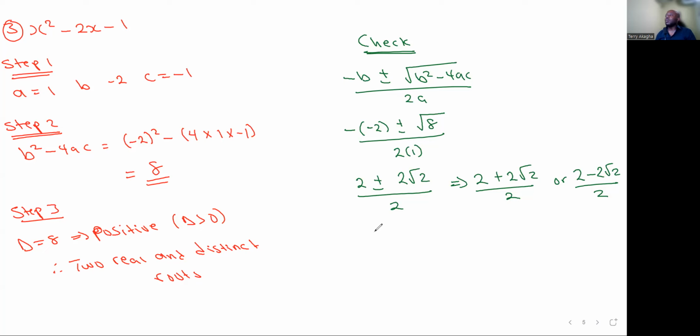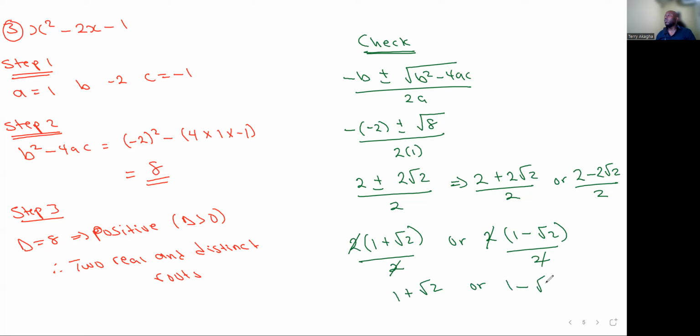So we can have 2 into bracket 1 plus root 2 divided by 2, or 2 into bracket 1 minus root 2 divided by 2. Then this can cancel, this can cancel. So you now have 1 plus root 2, or 1 minus what? Root 2. And that'll be the answer for that.